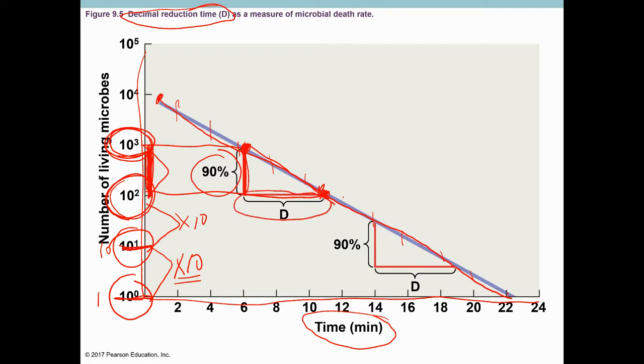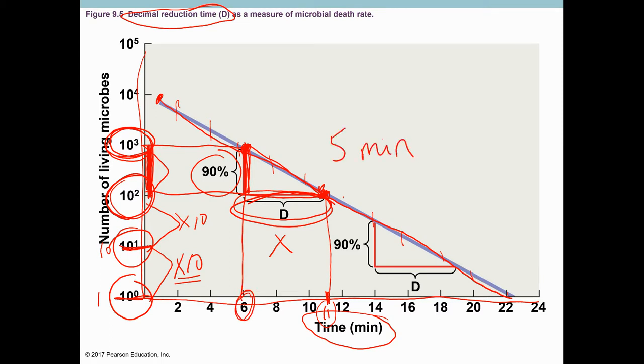And the time of the decimal reduction is equivalent to the x component of that slope. So in this case, I'm just going to randomly say this hits around 11 minutes. This line hits at 6 minutes. So the amount of time at this particular temperature that it takes to reduce the number of living microbes exponentially, or by 90%, is 11 minutes minus 6, so 5 minutes.